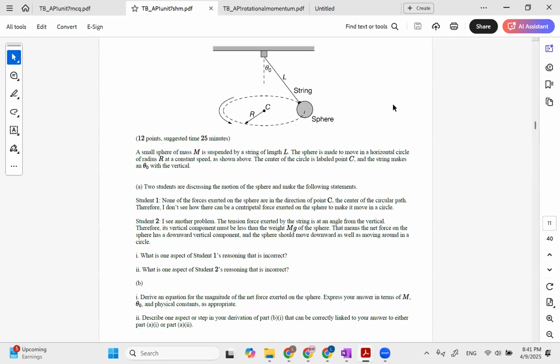So for A, try to see the student 1 and 2 statements. Which one is correct?